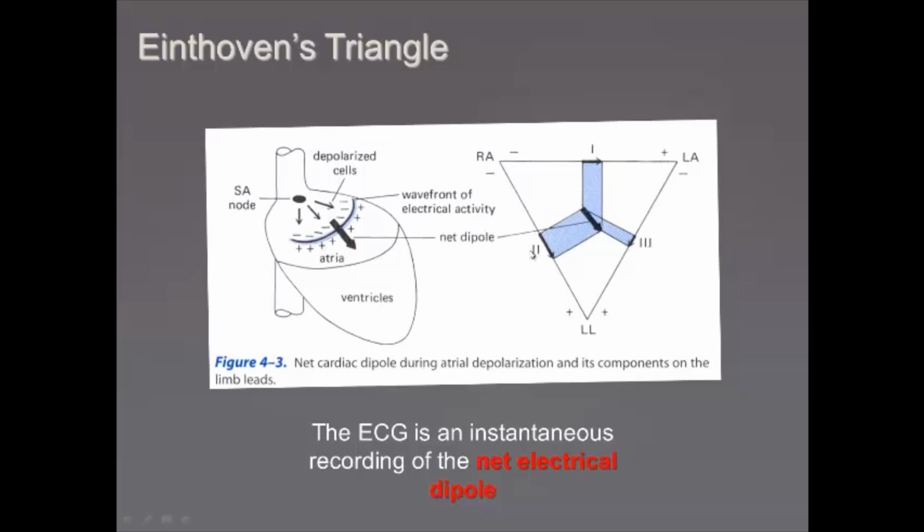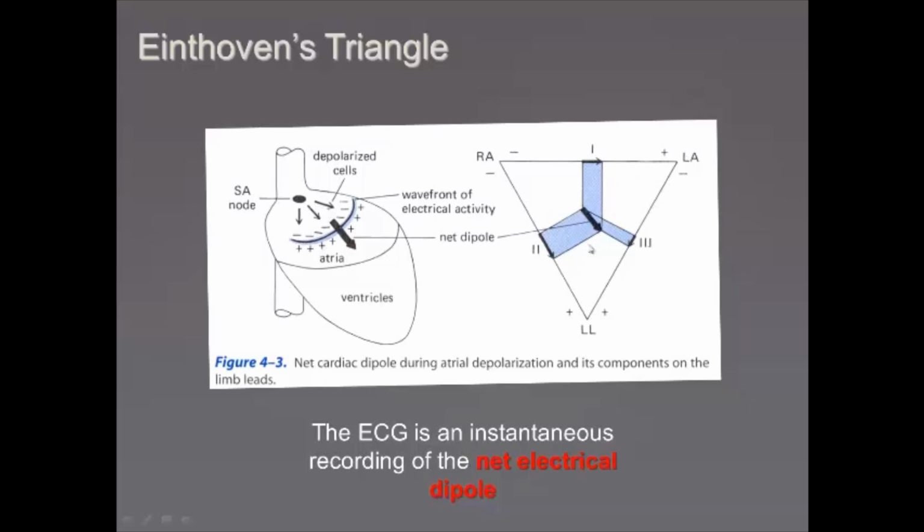Then what we do is we superimpose this vector right into Einthoven's triangle. This is the same setup that we just looked at on the last page. For today's lab, and in most cases, the first lead we want to look at is lead 2 in the ECG.